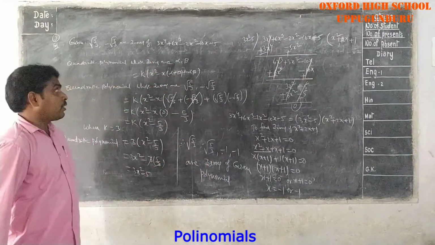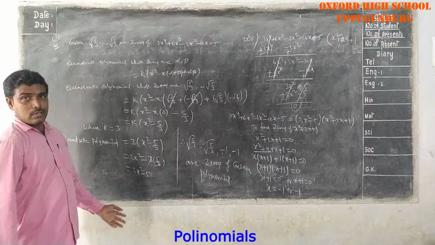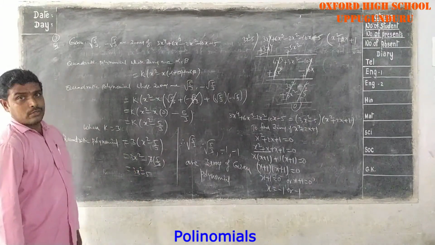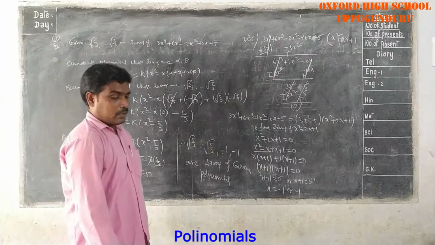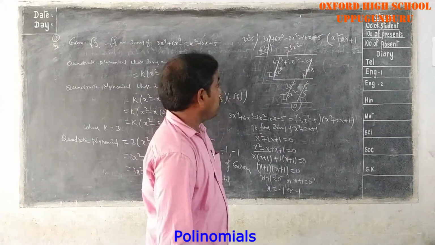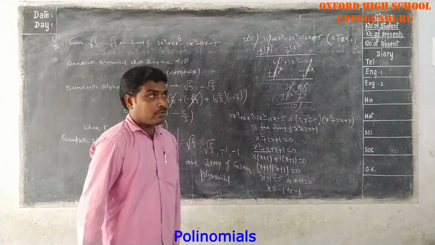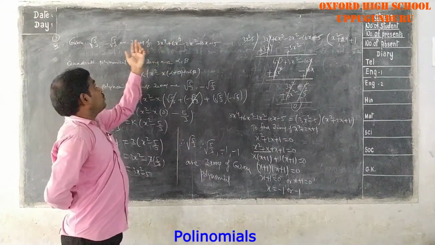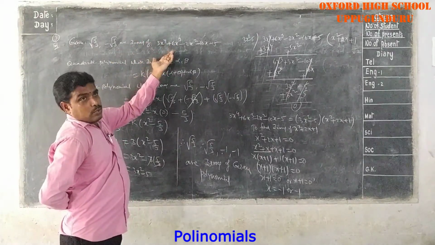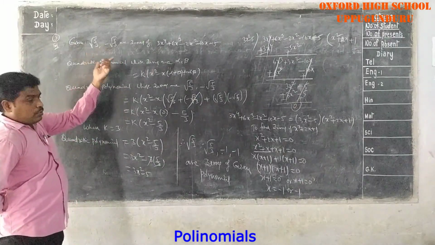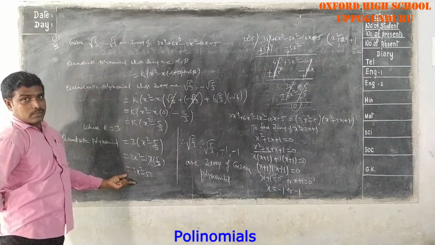So in the same manner you have to do this one. This problem you will get 4 marks for. In your exam you will get this problem as 4 marks. So in whatever way you did example 11, in the same manner you have to do. They gave a degree 4 polynomial and 2 zeros of that polynomial. So first you have to find a degree 2 polynomial having these 2 zeros in this way.